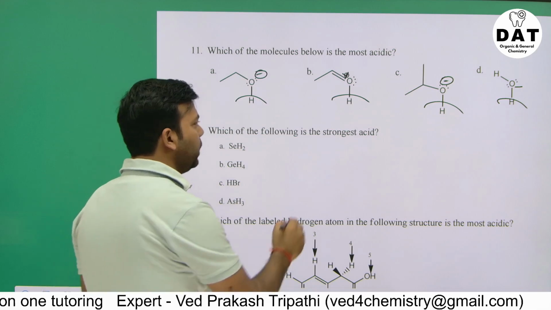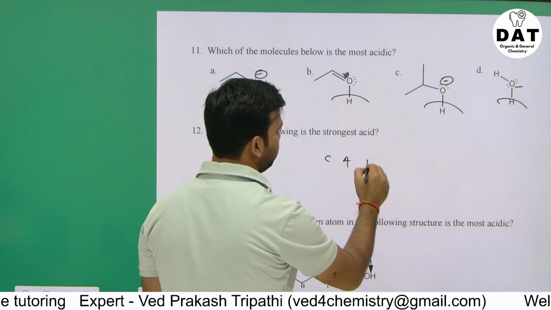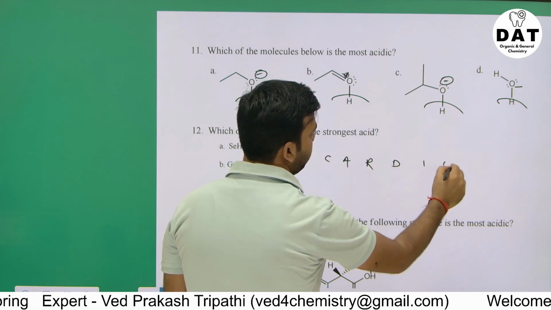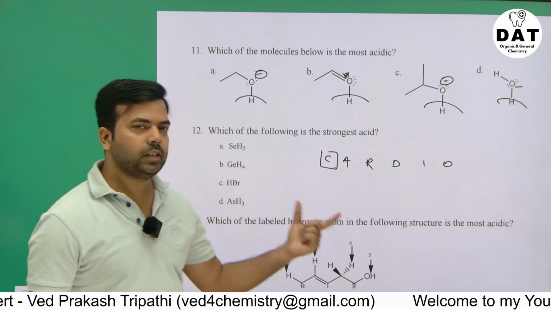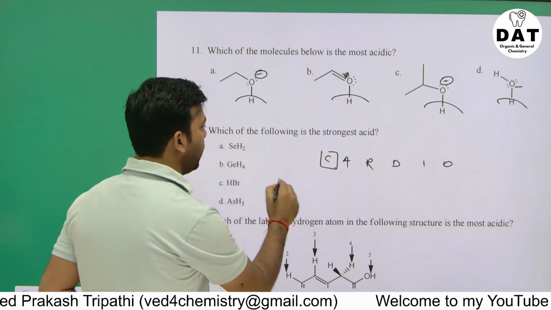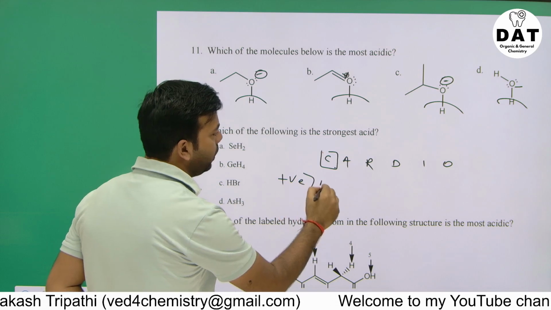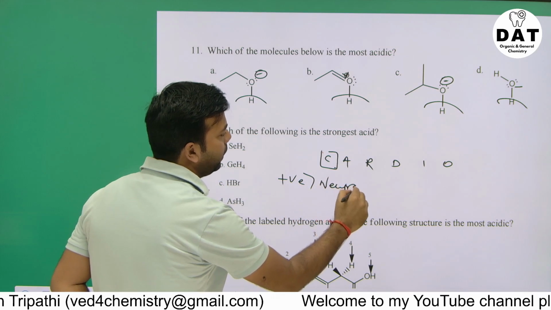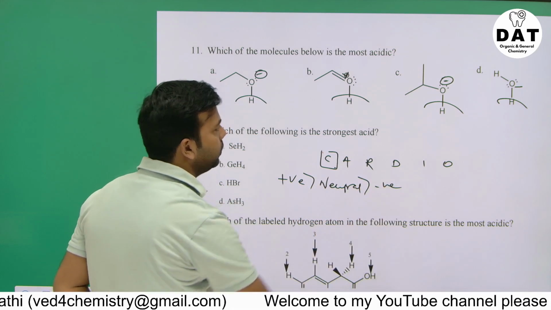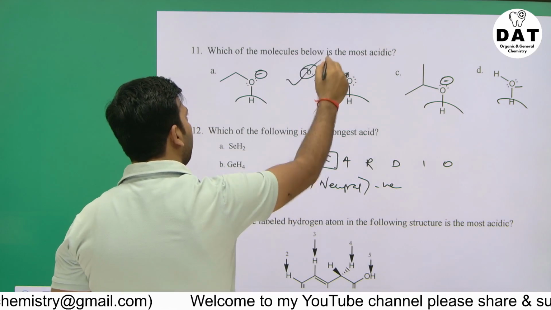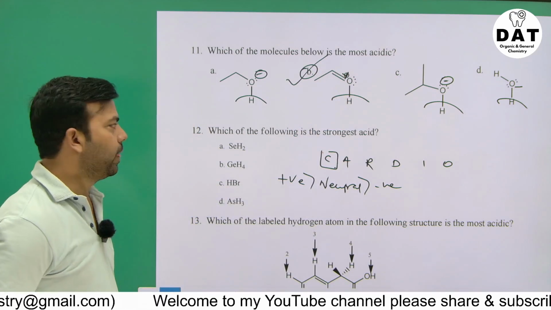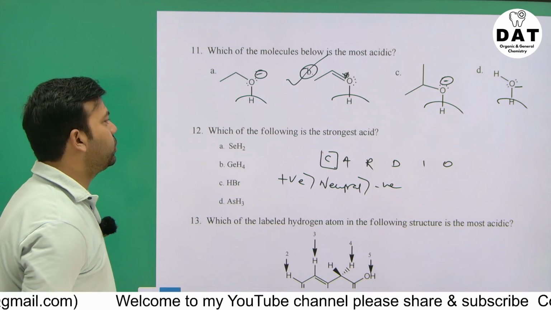So what is CARDIO? Charge. If you look at the charge, we can say positive charge is more acidic than neutral and then negative. So in this case, we have the neutral one, option B. So B is more acidic. Clear?